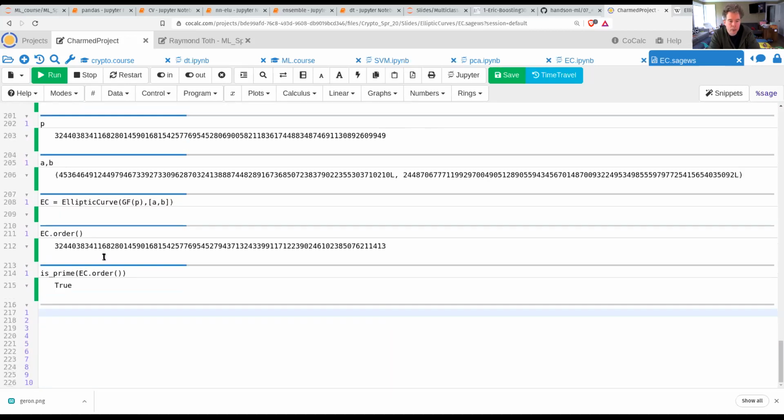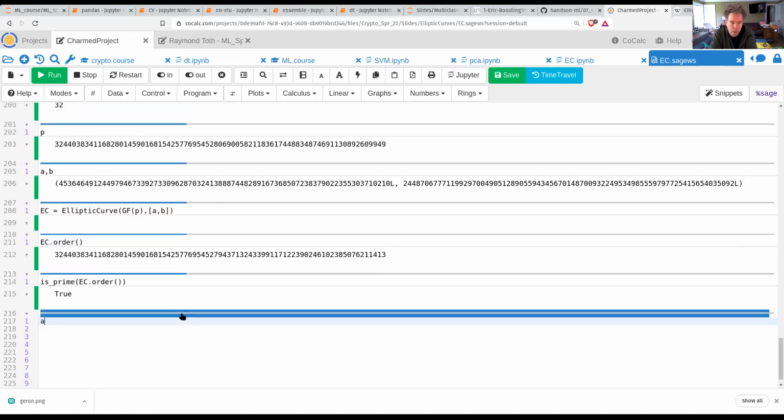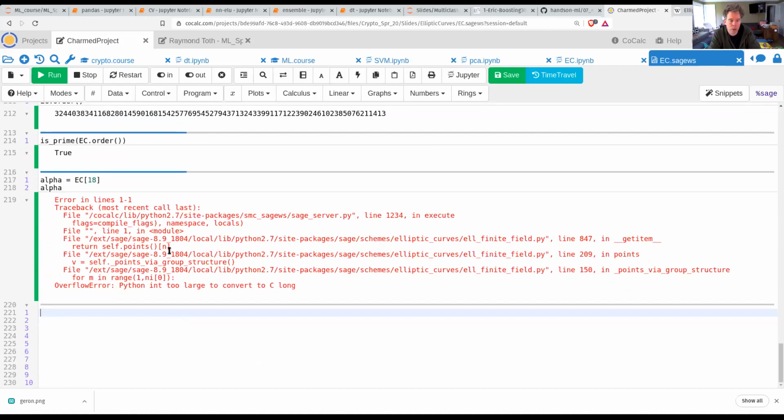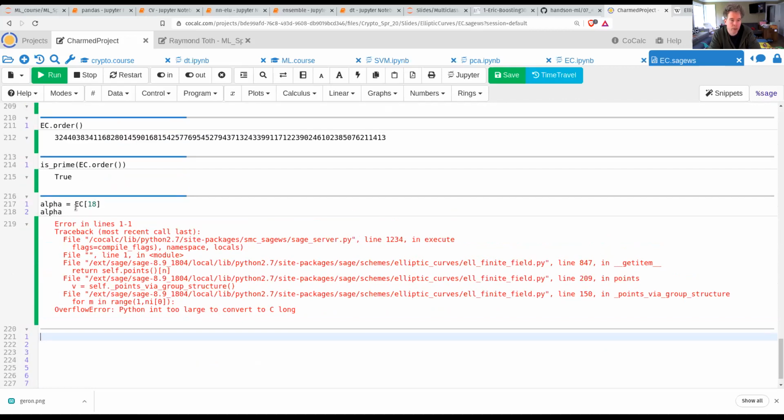Okay, it's prime, and so we can use sort of any element of it. Can we do alpha equals EC, I don't know, 18 or something? And what is alpha? Oh, sorry, it's too long to do that.